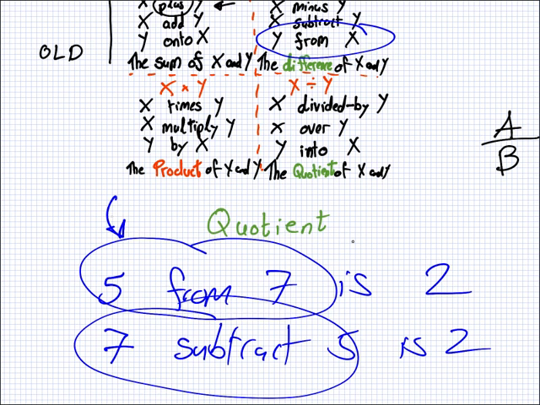So for example, most older people would say something like 2 into 10 is 5. Whereas we would say 10 divided by 2 is 5. So it's important that you know that there's a difference because you don't know who you will speak to in the future, right? So you need to know what people could say.